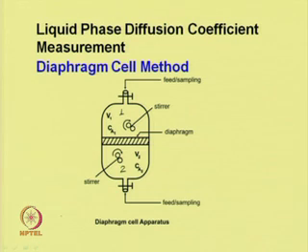Let the volume of compartment 1 be V1 and the concentration in compartment 1 be CA1, and the volume of compartment 2 be V2 and the concentration CA2. Both the compartments are well mixed.